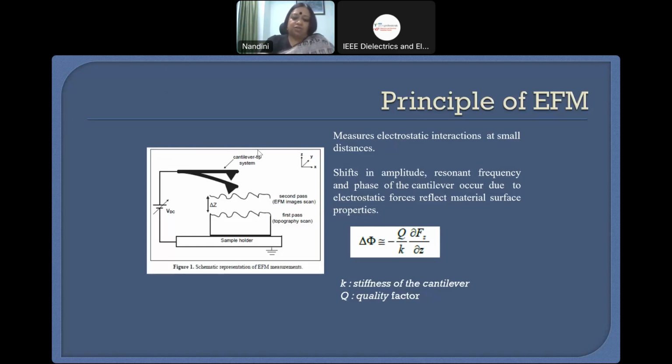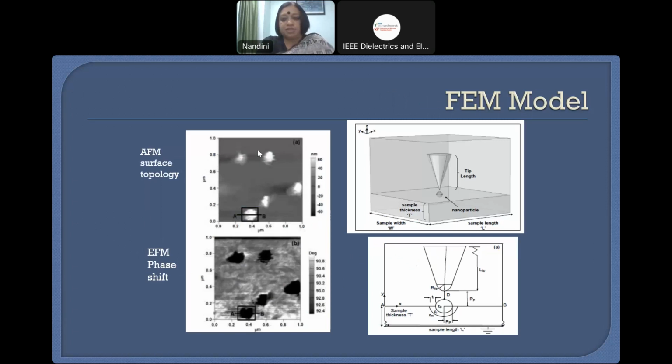So that is what we did. We did actual electrostatic EFM measurements, and we also built a finite element based computational model for the same. So here, first we do the AFM of the sample. We zero in on one of the particles.